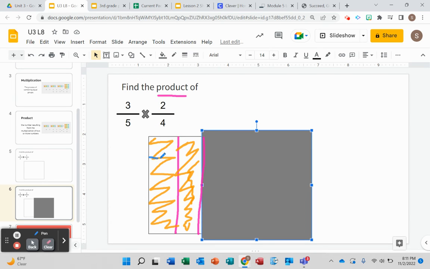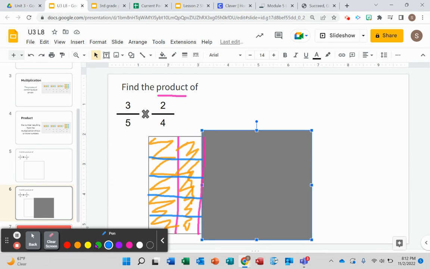So we're going to split this up into 1, 2, 3, 4, 5, right? So I have 1, 2, 3, 4, 5. That's why I split them up. Now I need 3 of these pieces that I just split up, right? So I need 3/5 of that whole group of 2/4.